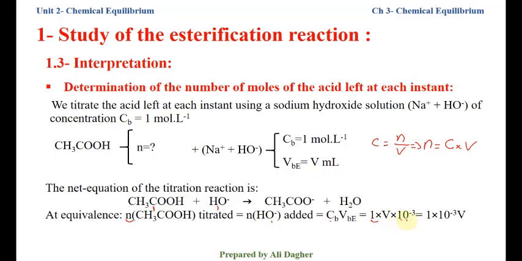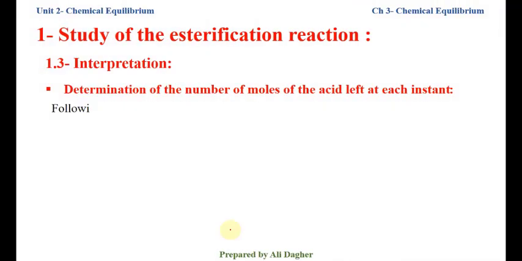We multiply it by 10 power minus 3 to transform it into liter. The final value equal 1 times 10 minus 3 VBE in mole. The unit is mole. Therefore, the number of moles of acid left at each instant equal 1 times 10 minus 3 VBE mole.